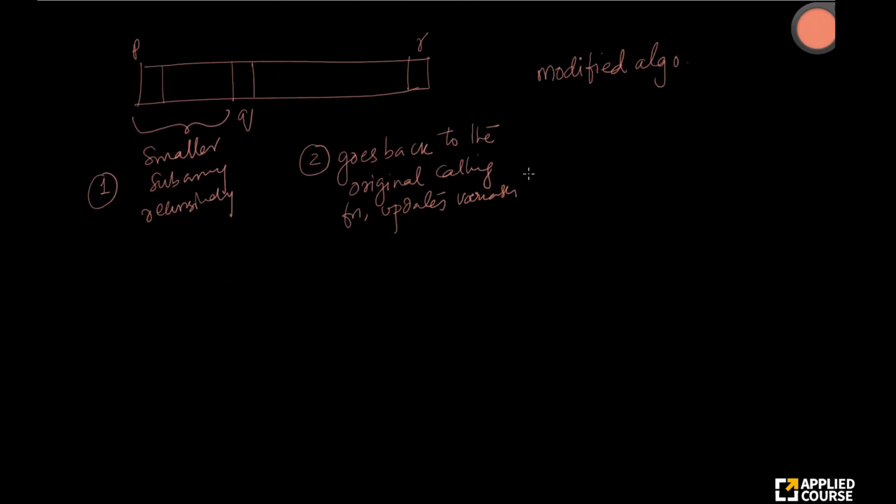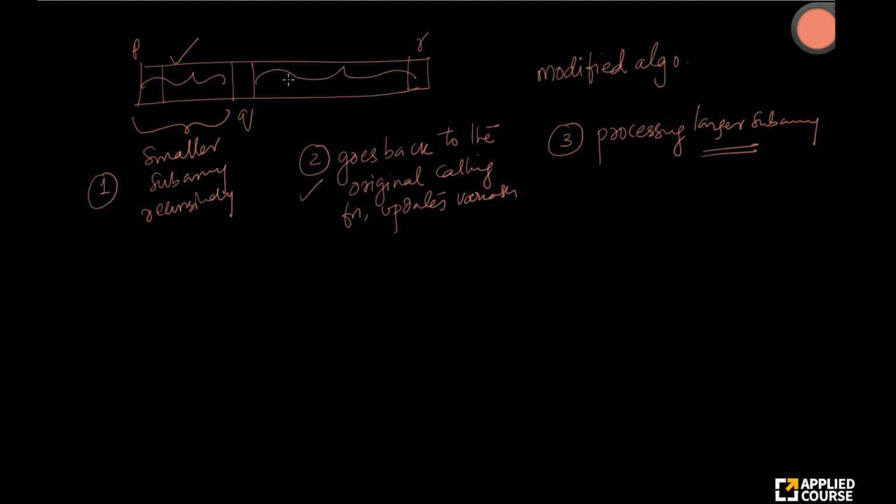It updates them, and then in the third step, it starts processing the larger subarray. Even while processing the larger subarray, because it's a recursive thing, first it'll try to finish this smaller subarray, then it goes back to the calling function, then it tries to process this larger subarray.